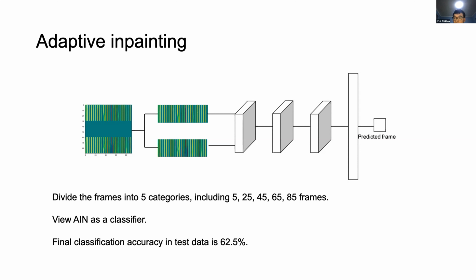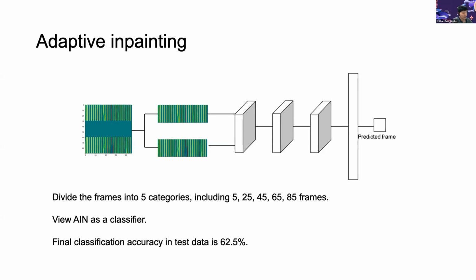So we divide the frames into 5 categories with about a 20 frame margin. We find that when the difference of the frame number is too small, the results are both okay. So we view this as a classifier to compute the classification accuracy.